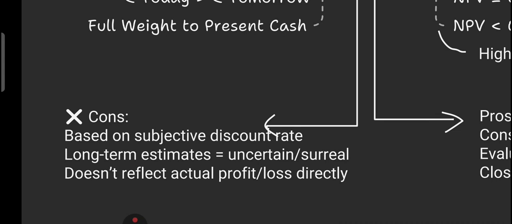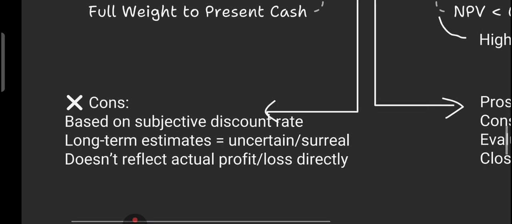Obviously, because we use the discount rate, subjectivity is there. It is not objective. Also, long-term projection can be unreliable, and it also doesn't directly show the accounting profit and loss, because it has nothing to do with profit. It just shows you whether your project is viable or not by looking at whether it is greater than 0 or less than 0. That's it.